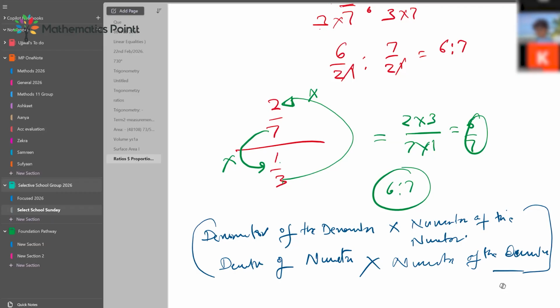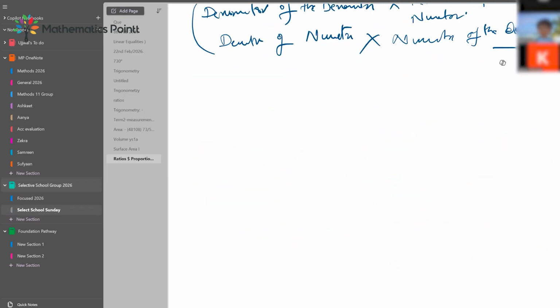All right. With that, let's move forward. I hope this made sense today. Let's maybe play with some decimals as well. 2.1 ratio 3.5. Can you simplify that?